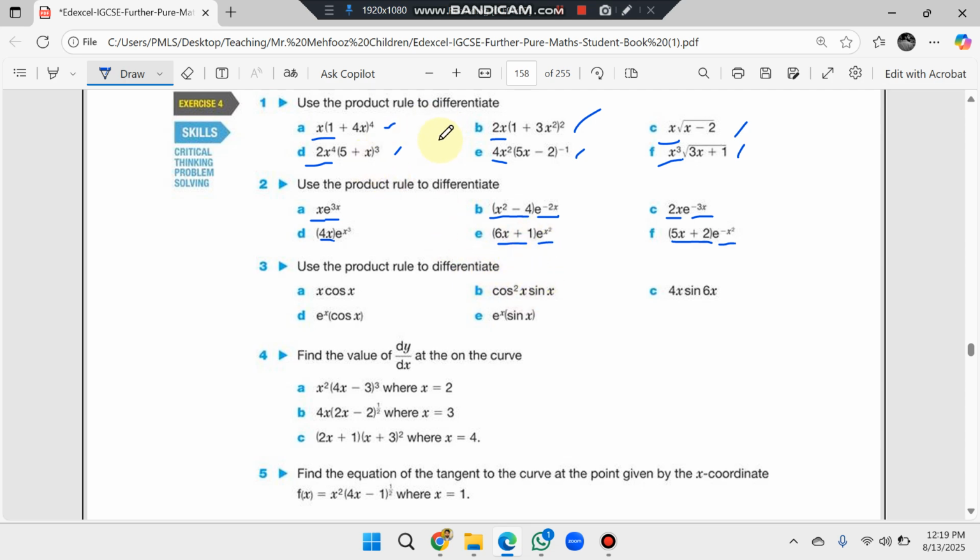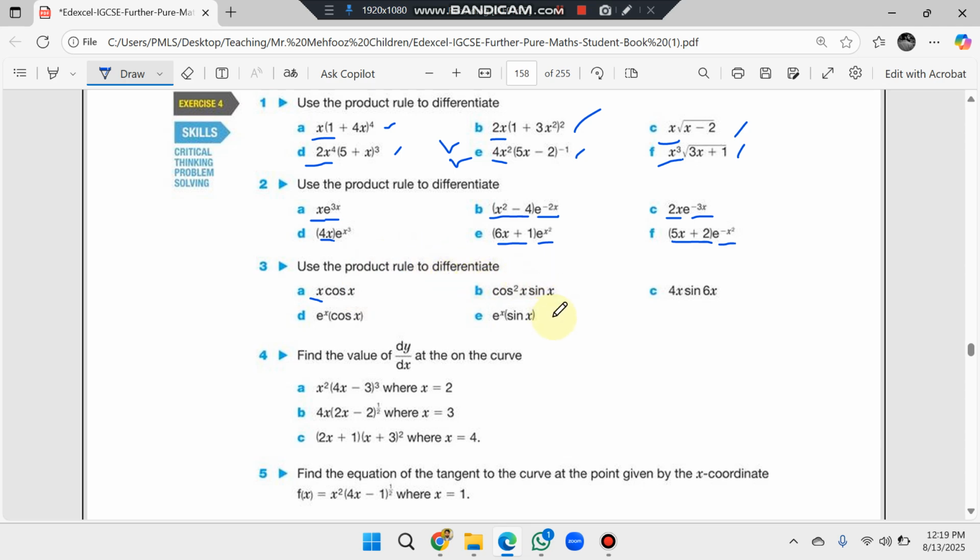In the first question, both functions are algebraic functions. In the second question, one function is algebraic and the second one is an exponential function. In the third question, one function is exponential or algebraic and the second one is a trigonometric function.